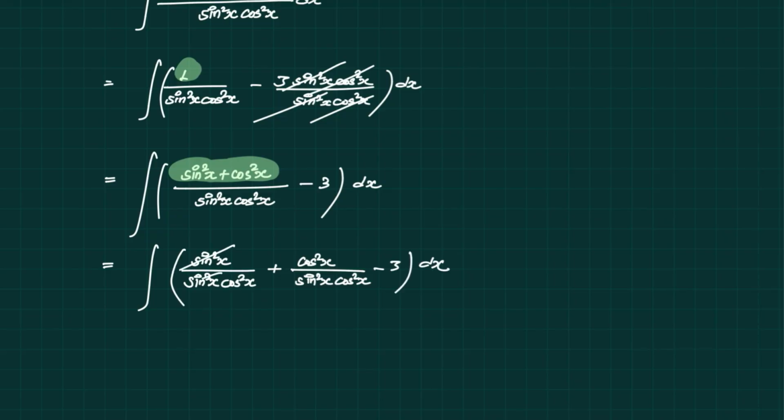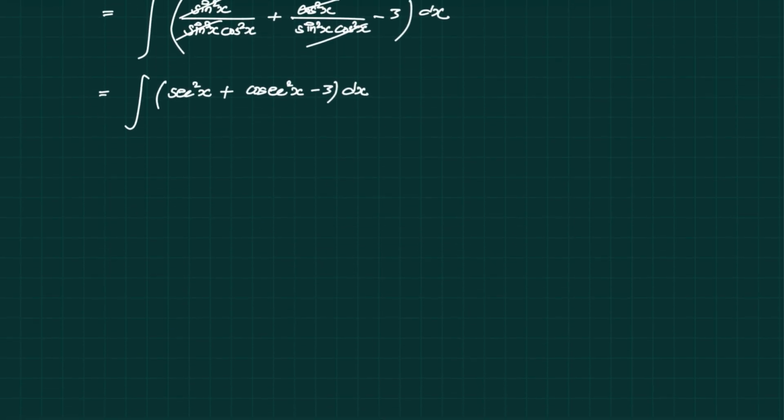So here sin square x got cancelled, cos square got cancelled. So this equals the integration of 1 by cos square x, which can be written as sec square x, plus 1 by sin square x, which can be written as cosec square x, minus 3 into dx.